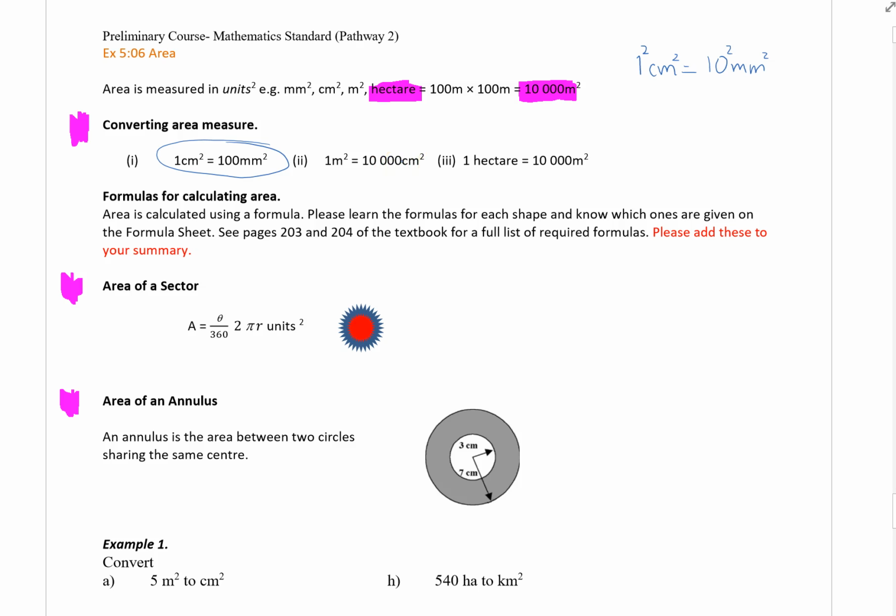Now we all know that 1 metre is 100 centimetres. And so to find the number that connects square metres to square centimetres, we've got to square everything. 1 squared is 1, and that's where this now comes from.